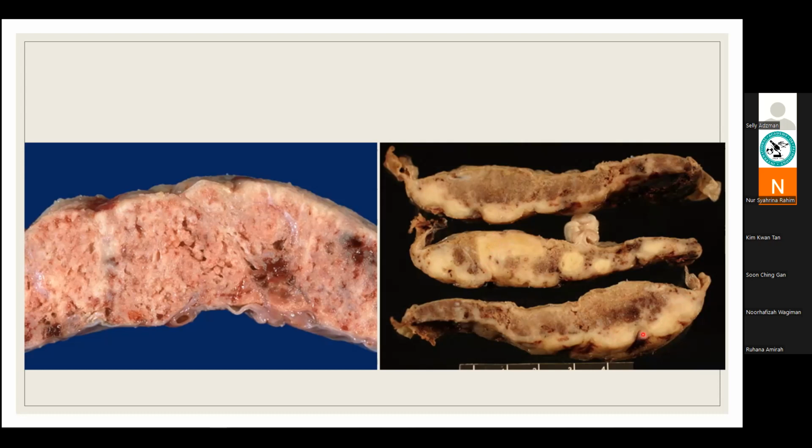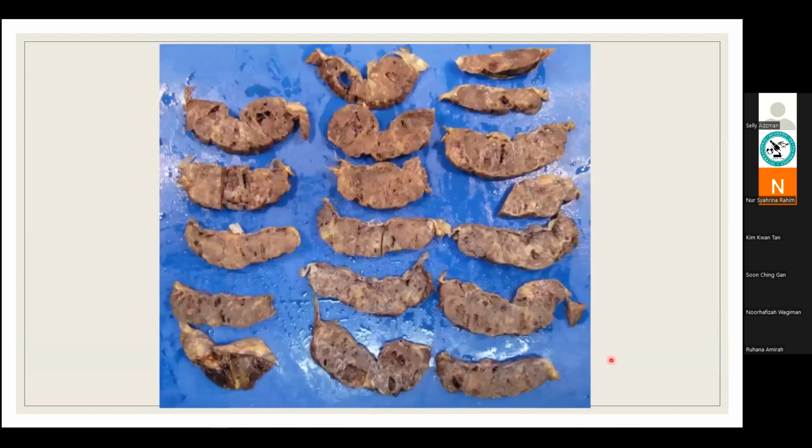Here only the maternal surface as well. To diagnose maternal floor infarction, you need to have a full placenta. For me, you need to have a full placenta. This is actually from HKL.